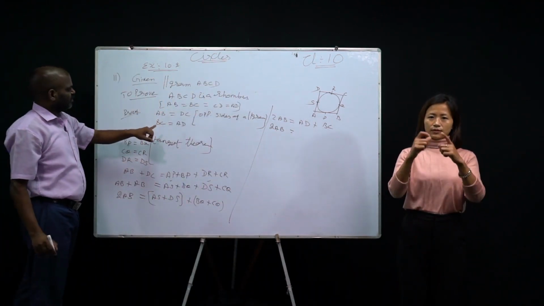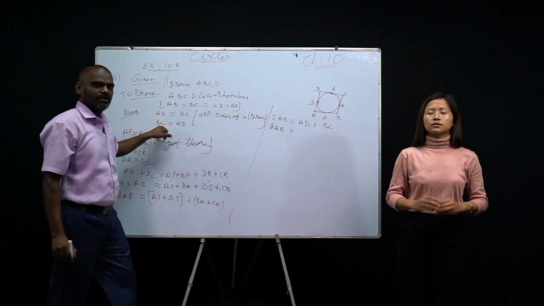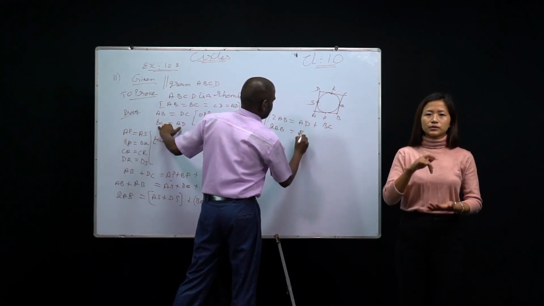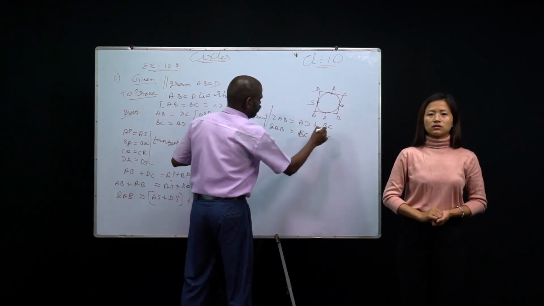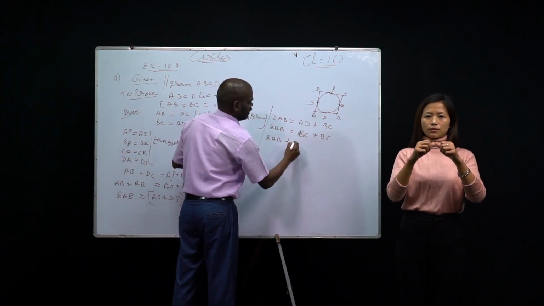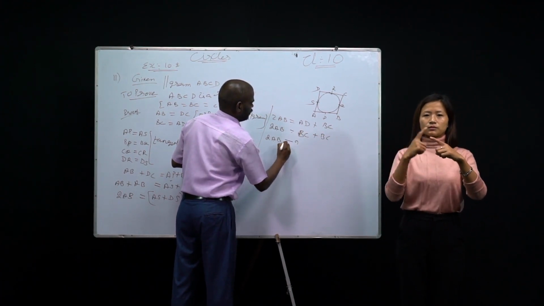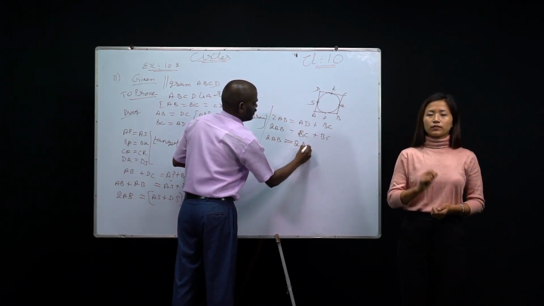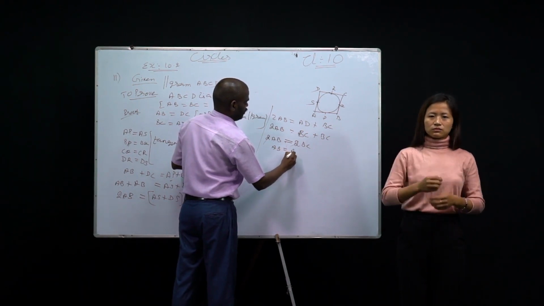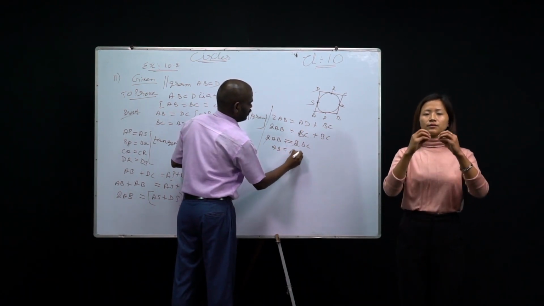AD equal to BC, right? We already got that. So in place of AD, what can you write? BC. Again, one more BC. 2AB equals 1 BC plus 1 BC, so 2 BC. The 2 cancels. AB equal to BC.